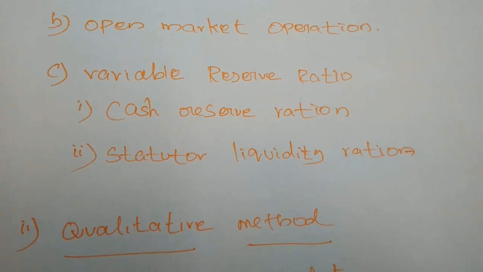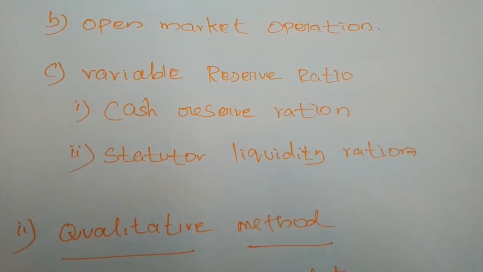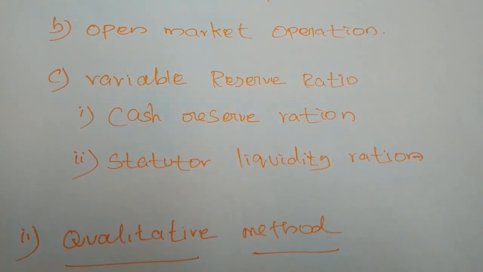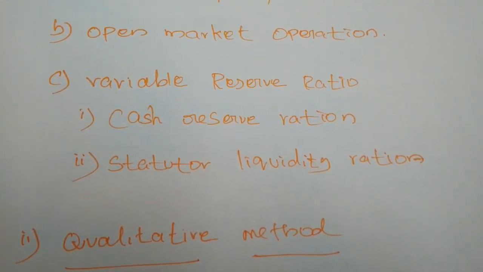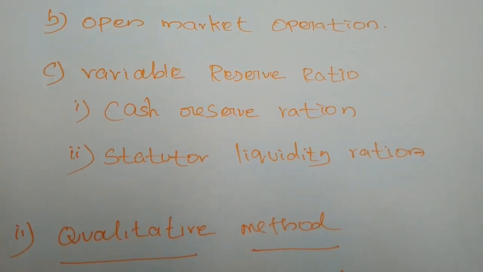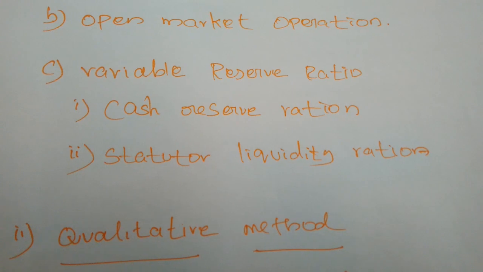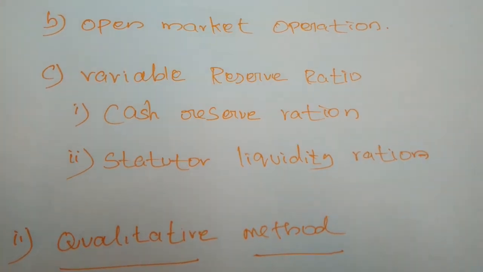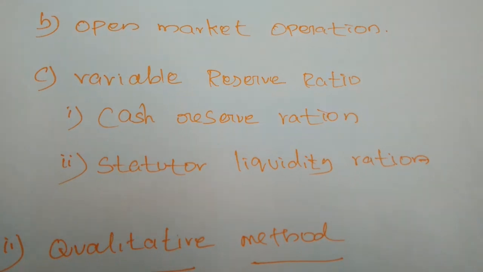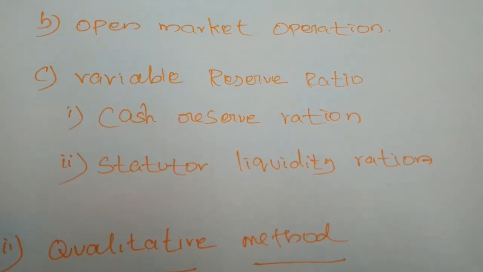Normally the commercial bank also has lending power by providing cash and gold. But if the Reserve Bank of India wants to reduce the credit facilities, the statutory liquidity ratio will also be increased. Because of that, the lending power of the commercial bank will be reduced.